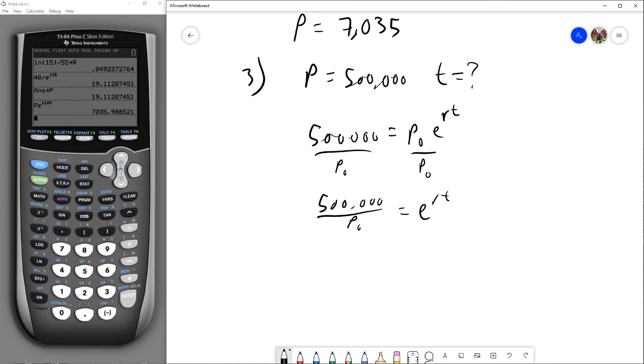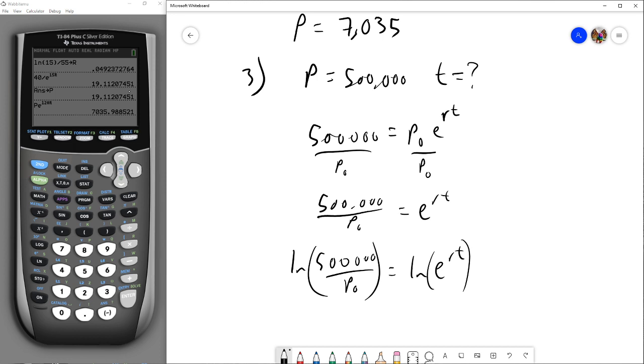Or I should say our exponential function here on the right. Now that it is isolated, I am going to take the log of both sides, so natural log of 500,000 over P naught will equal natural log of e to the rt.